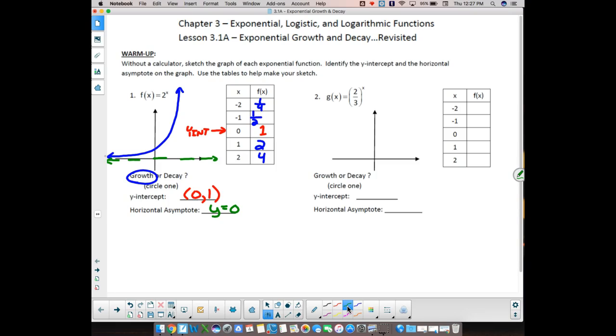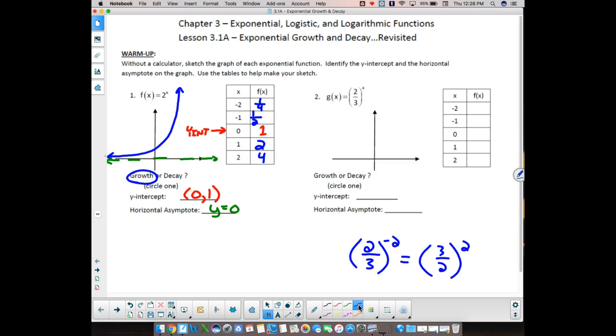Let's try number 2 now. We'll use our chart again. 2/3 to the -2 power. Agree?